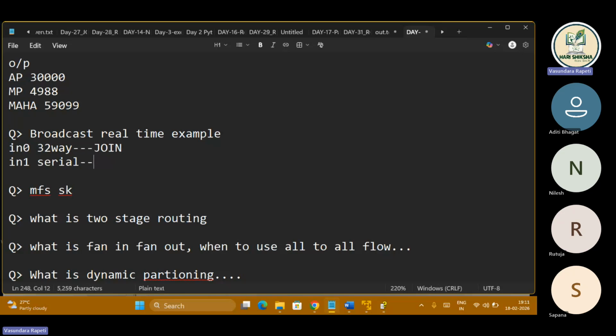You need to convert it also to 32-way, but by which method? PBK, PBE, which method? And this is just a very small file of 1,000 records. So if this is the condition, when your file is very small and the other file is 32-way, which method is not sure. You don't know whether it is PBK, PBE, or PBK on which key. You don't know, right? Then what to do?